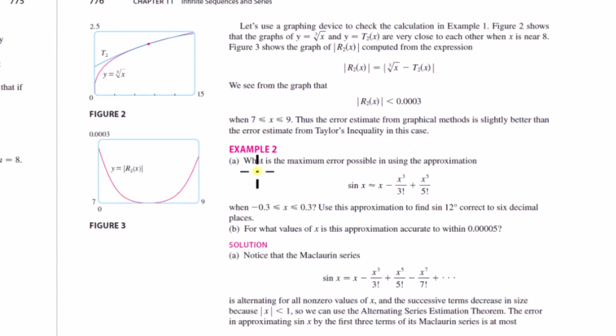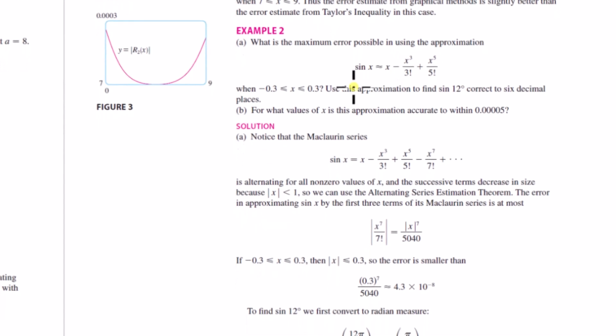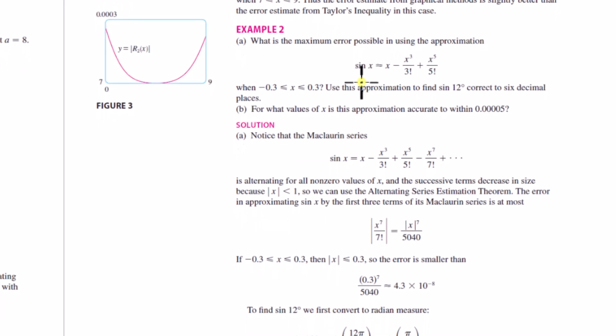Okay, example 2. What is the maximum error possible in using this approximation? So this is the first 3 terms of the Maclaurin series of sine x. If we're going to use this to approximate sine x, then what's the maximum possible error if we're going to be using an x that's between minus 0.3 and 0.3?